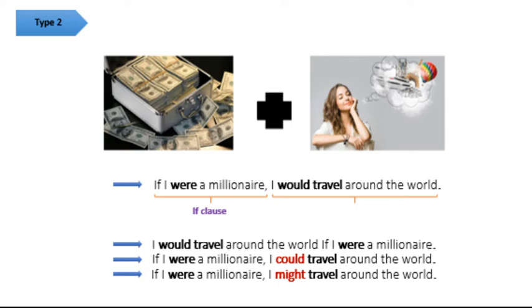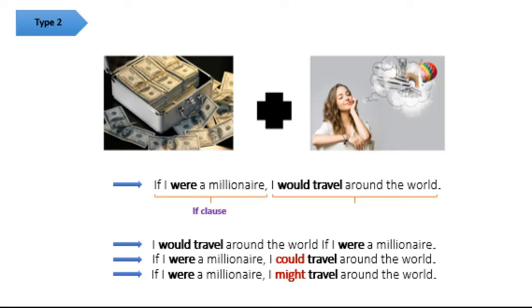Am I a millionaire now? No, I'm not. I'm just imagining what I would do if I were a millionaire. And take a look here. If I were, not if I was. Simply because the situation here is imaginary, it's not real in the present.